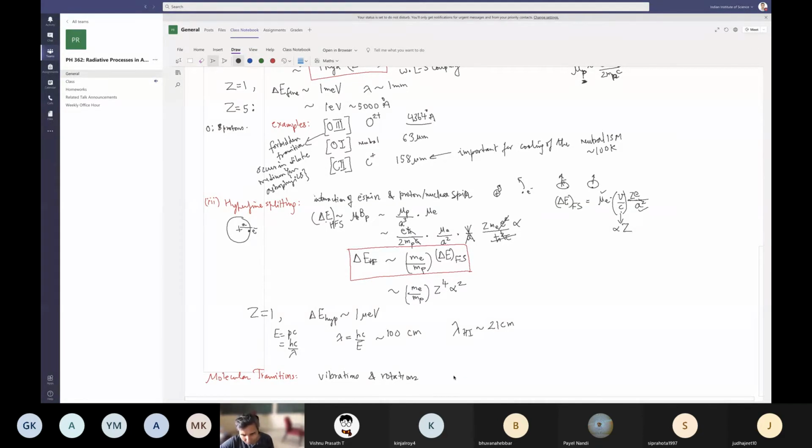So for example, if you have say an H2 molecule, you can have this vibrational motion like a mass attached to a spring, right? So these are vibrational interactions between particles, and it can be treated as a harmonic oscillator.